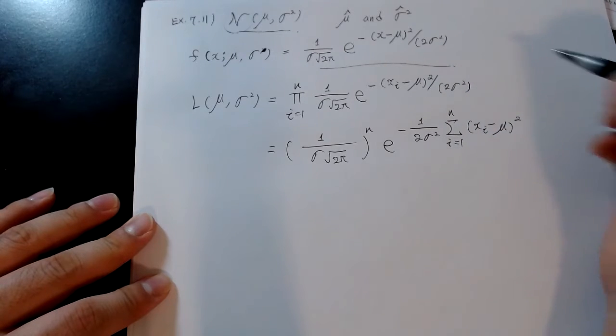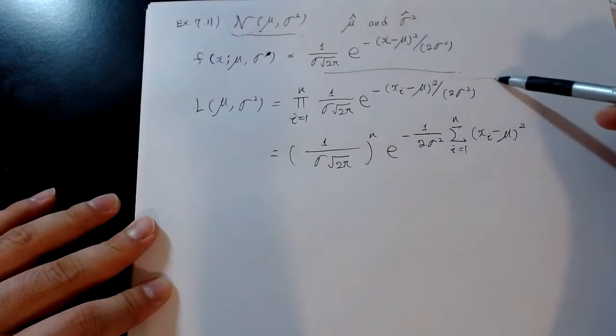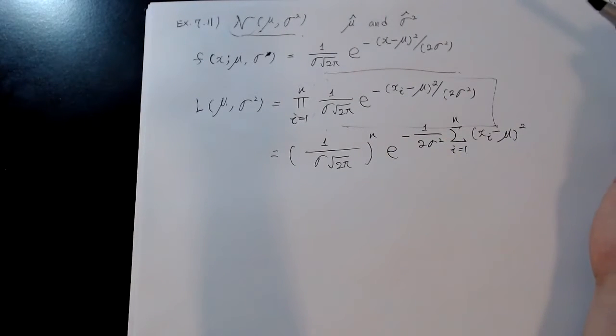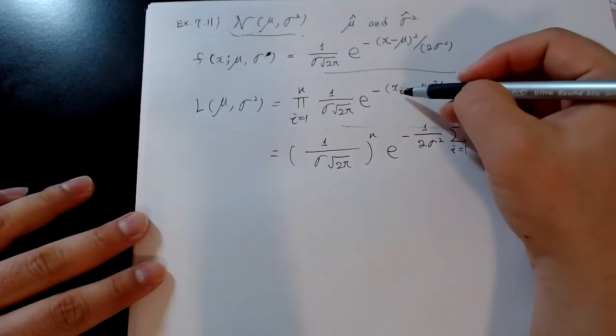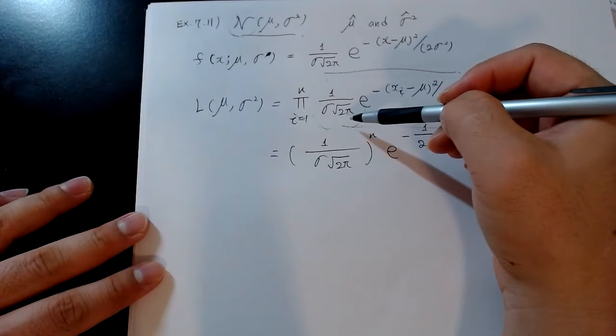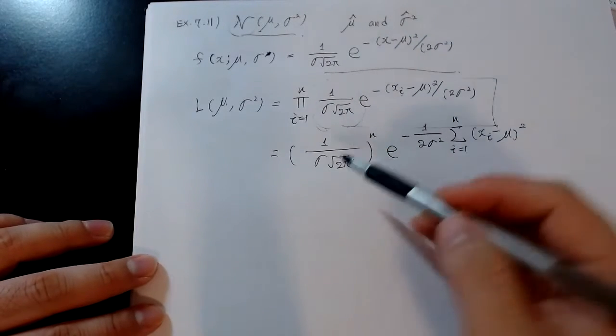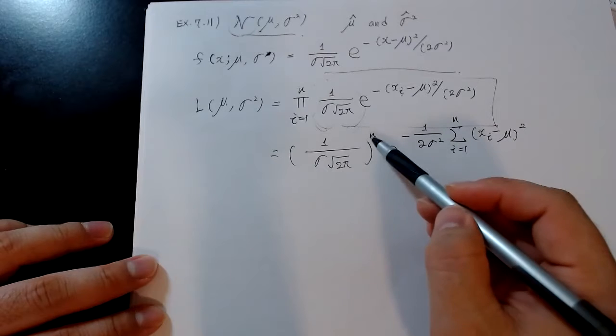You understand that? What does that mean? Pi means that we multiply this expression from i goes 1 through n. You see 1 over sigma times square root 2 pi is a constant, so we multiply that fraction n times. That's why we got 1 over sigma square root 2 pi to the nth power.